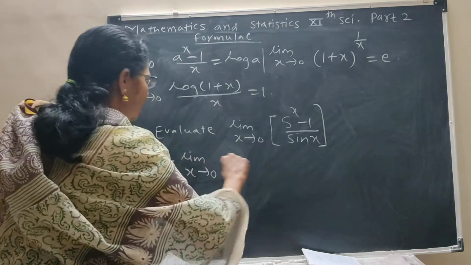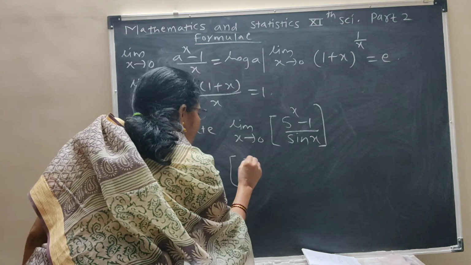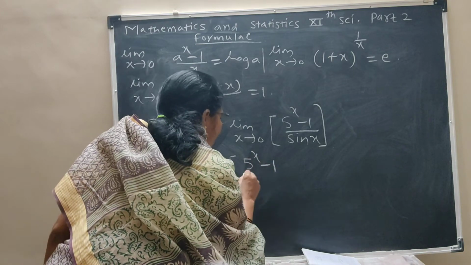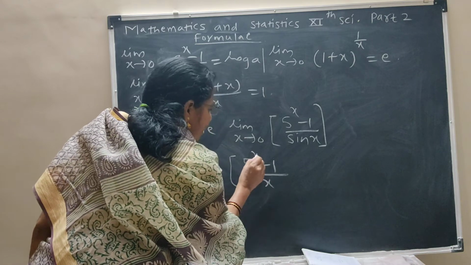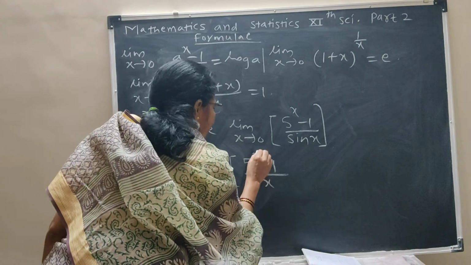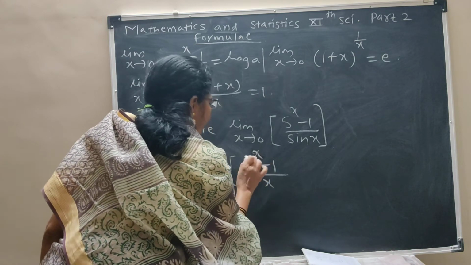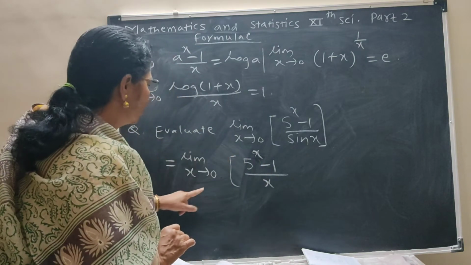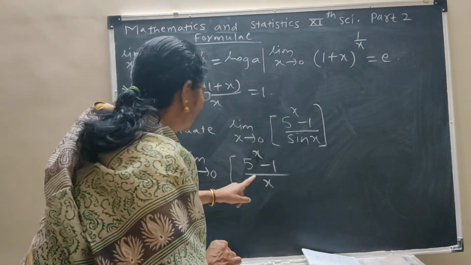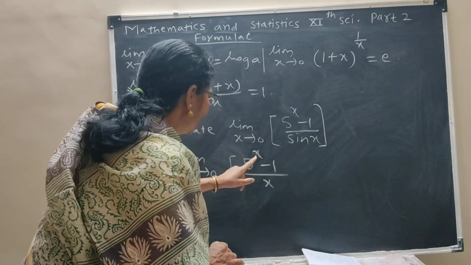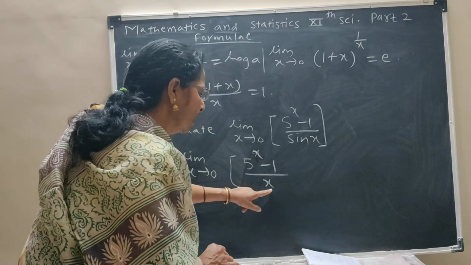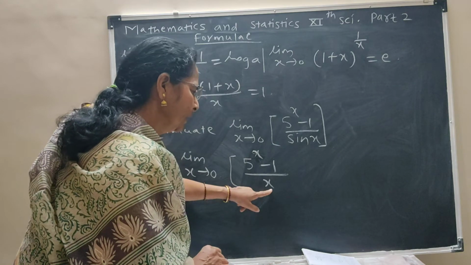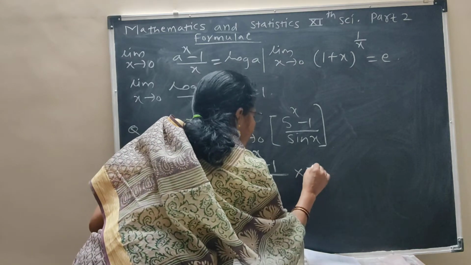So here, x tends to 0, 5 raised to x minus 1. Here we require x, so we take x at denominator. Limit as x tends to 0, 5 raised to x minus 1, here is x, so we take x. We take this extra value at denominator, so multiply by x.